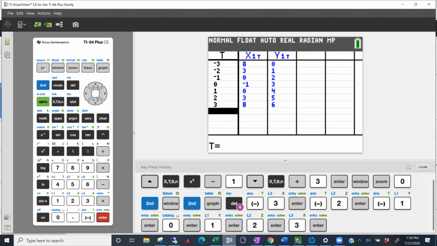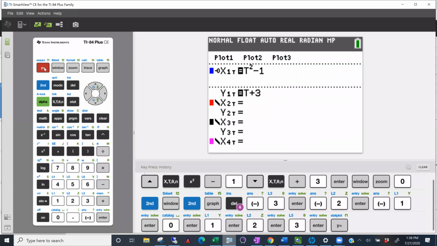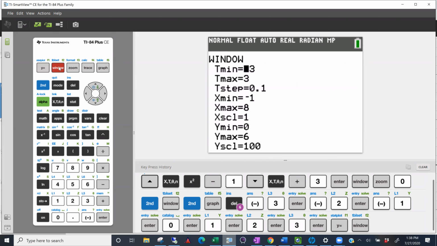In fact, let me go back up here and, well, I guess I've got my little style of things still going. So I'll change the window just a little bit. Now here we go. Let's change t-step to be 0.5.